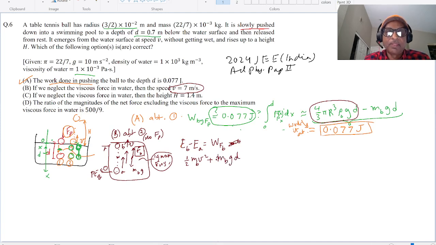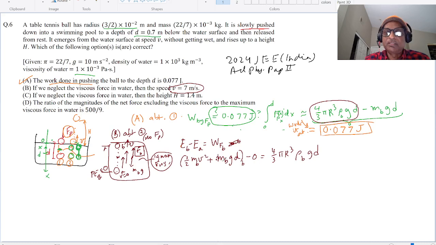MBGD. So this is for the B, and for the A, V is 0 here, and the potential energy is 0 here, and the work done by this is just 4/3 pi R cube rho B G times D.